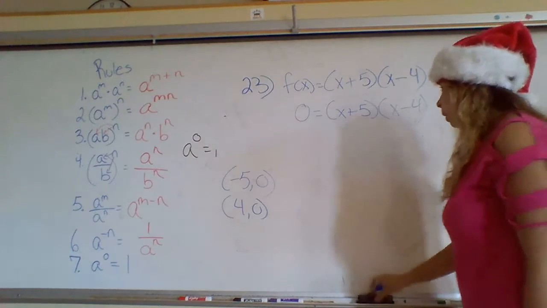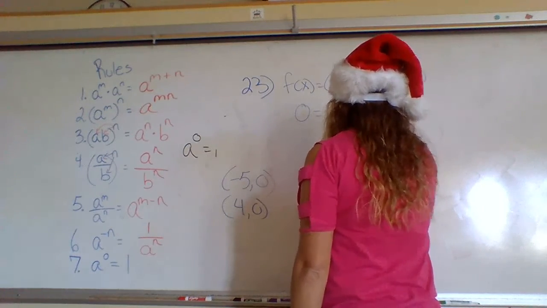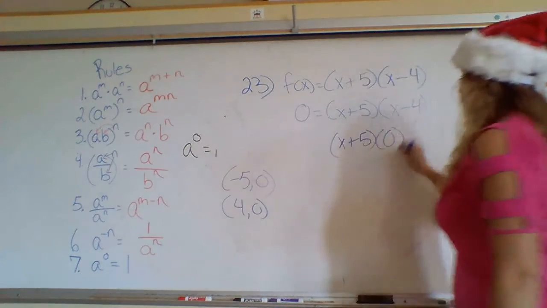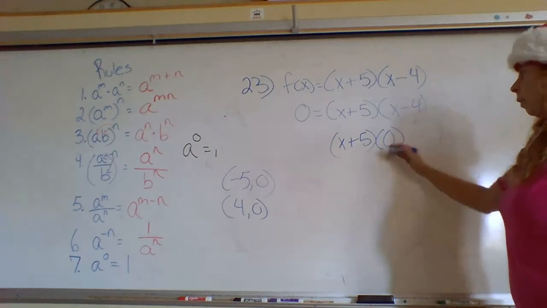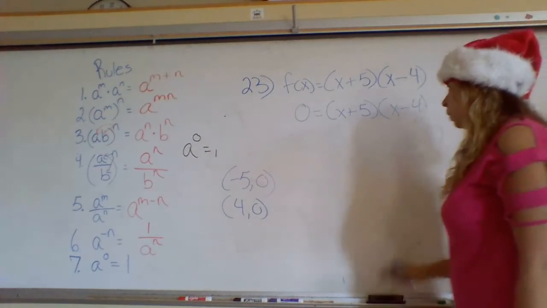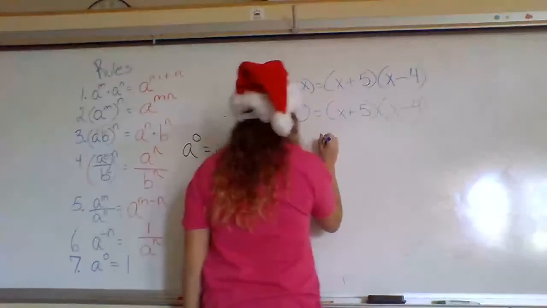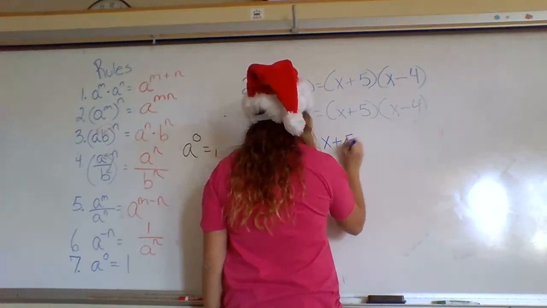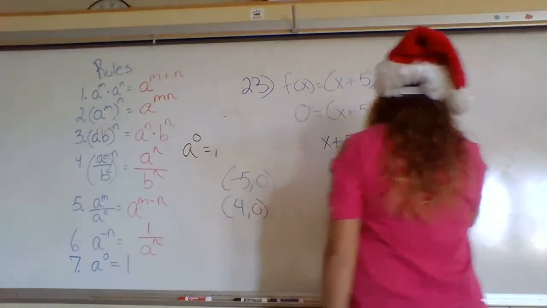Same idea if this is still x plus 5, but this one is 0, it's all going to be 0. So you can FOIL it and solve it, or you can take these and set them equal to 0. x plus 5 equals 0. x minus 4 equals 0.